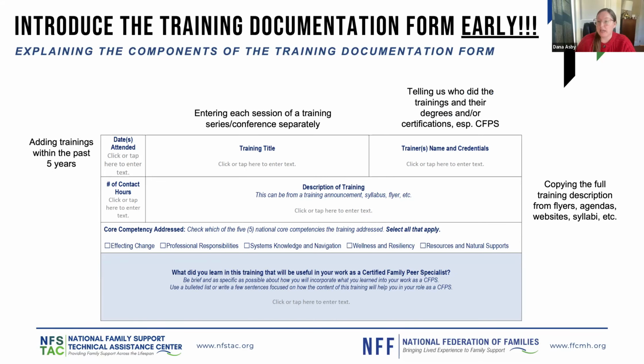When you're filling in the names and the credentials, if they have provided you with a degree or a certification, put that in there, especially when the credential is CFPS. That helps us know this is going to be very applicable to us.